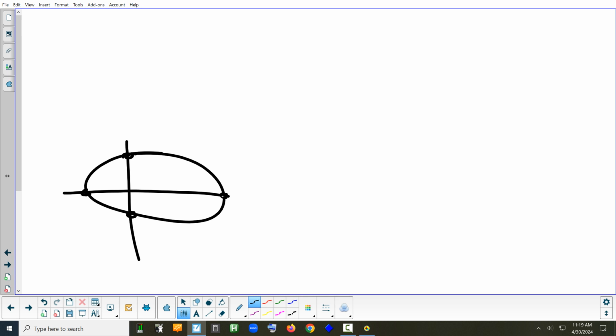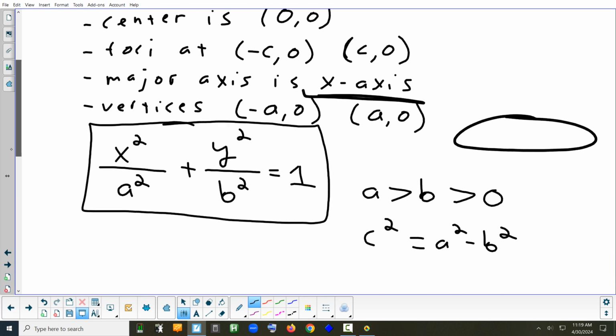It could. Anybody think why the intercepts might not be helpful at all? Yeah? It's not in our equation for an ellipse, so it doesn't tell us anything. What do you mean it's not in the equation?